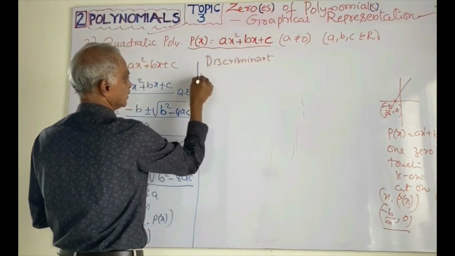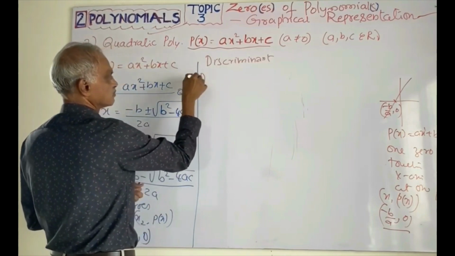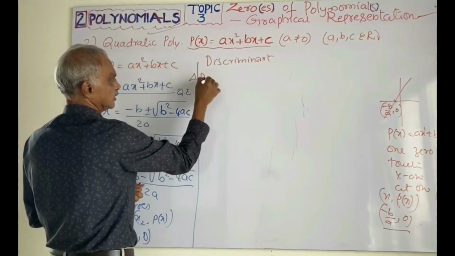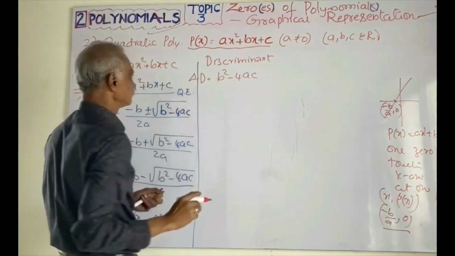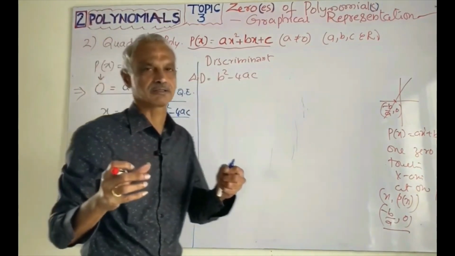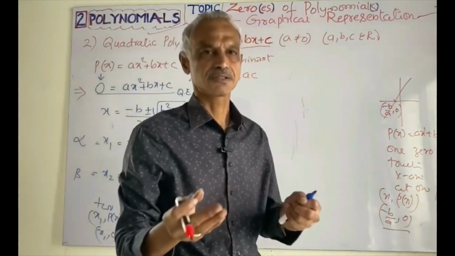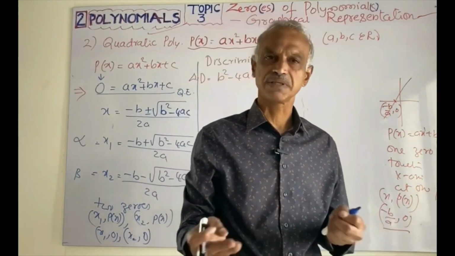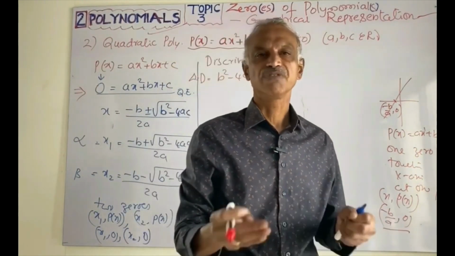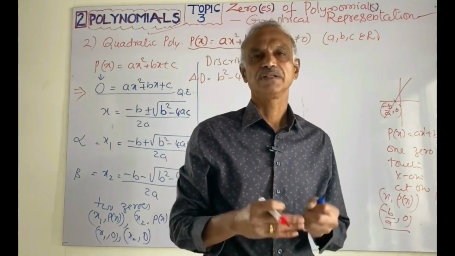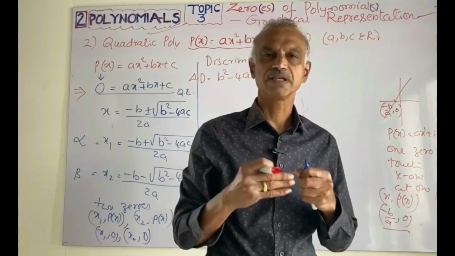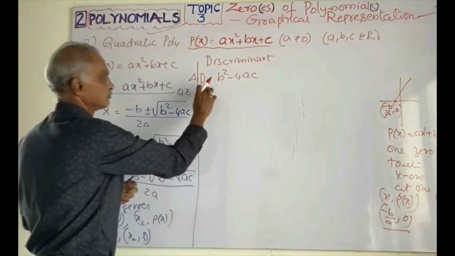It is sometimes denoted by delta, D is equal to b square minus 4ac. If you take any quadratic polynomial, suppose x square minus 5x plus 6, first you have to find b square minus 4ac. The graph of a quadratic polynomial depends on this discriminant.